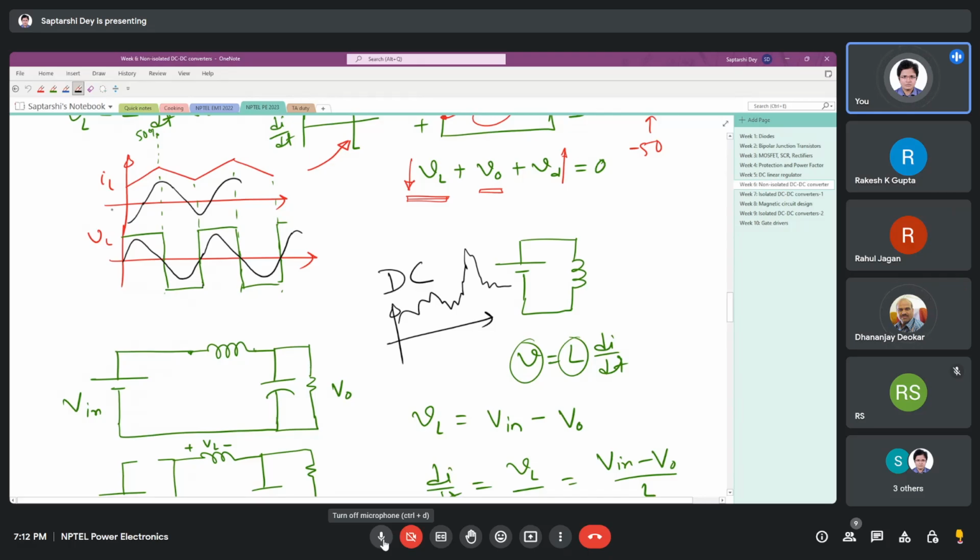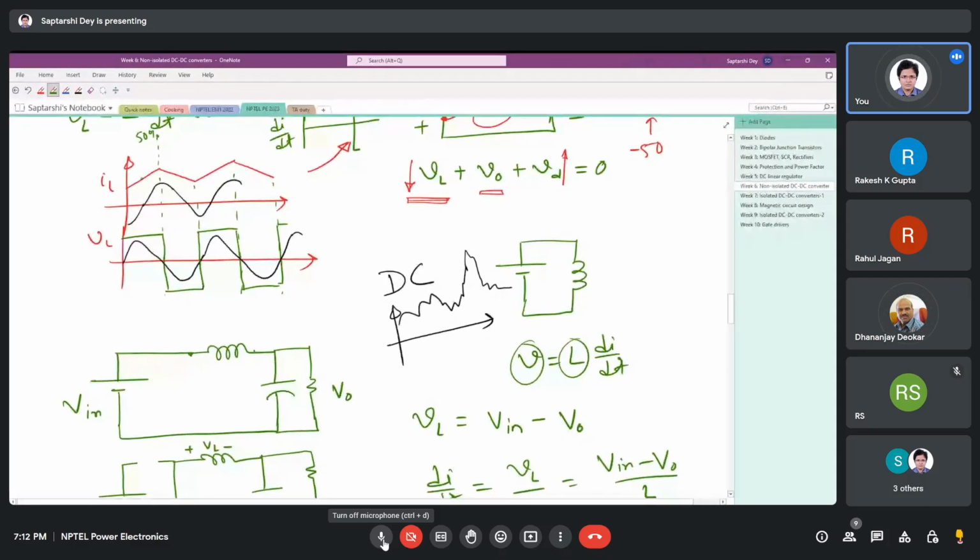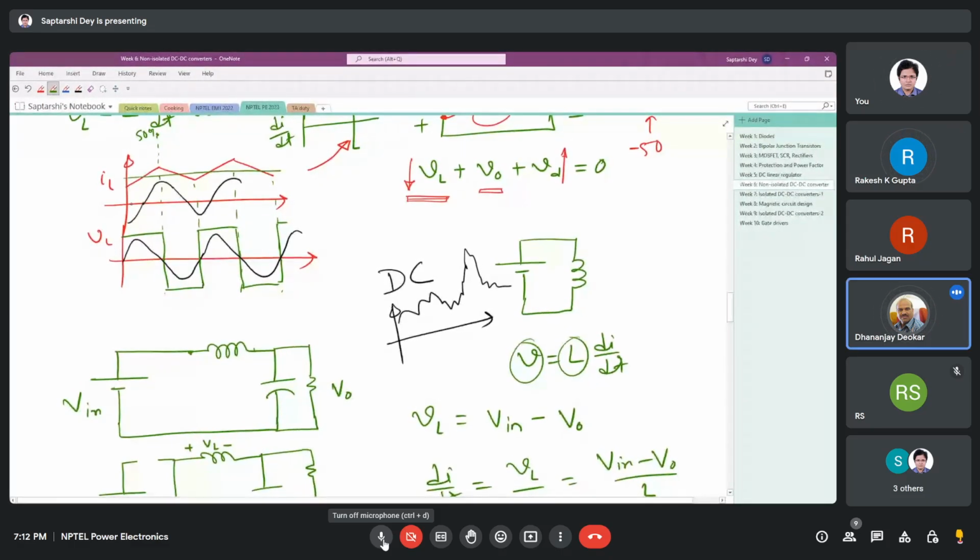If you make the inductor value very, very high, then the current will become practically constant. The voltage waveform of the inductor will not change, but the current will become practically constant if you have an unnecessarily high value of inductance.